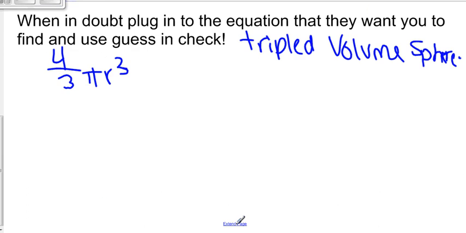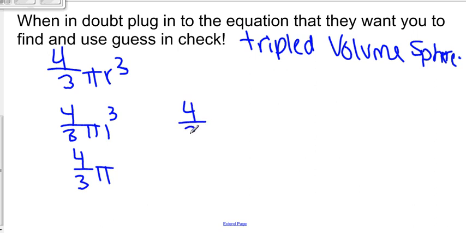the number 1. So we're going to get 4/3 pi 1 cubed, which is going to give us 4/3 pi, because 1 cubed is just 1, and 1 times anything is itself. Now they've asked us to triple the radius. So 1 times 3 is 3. So we're going to have 4/3 pi times 3 cubed, so 4/3 pi times 27.